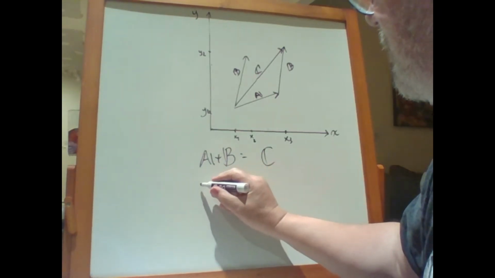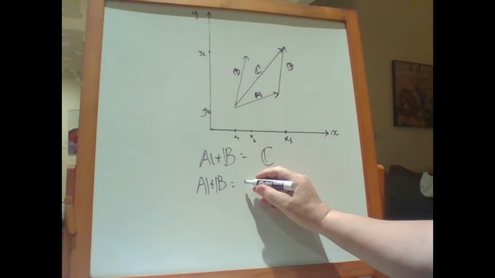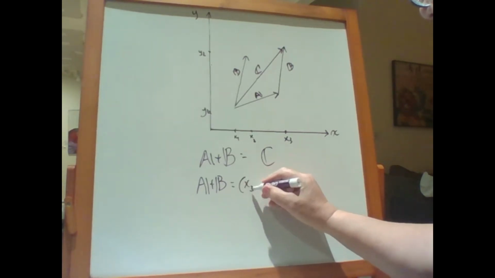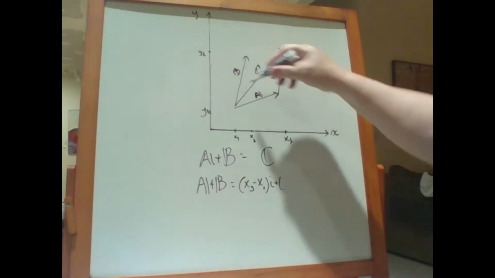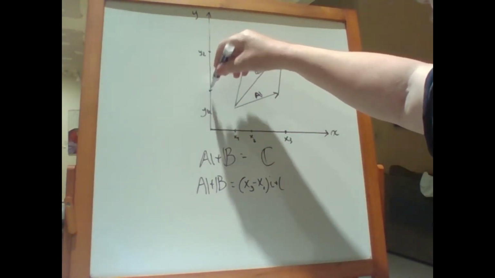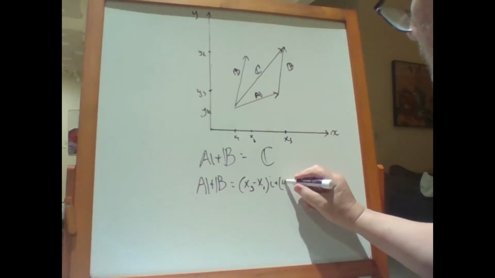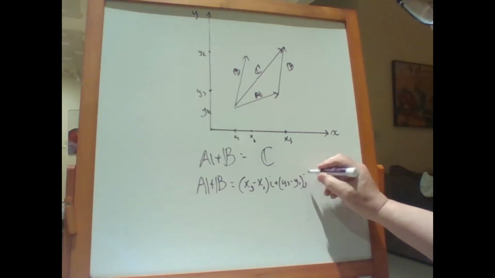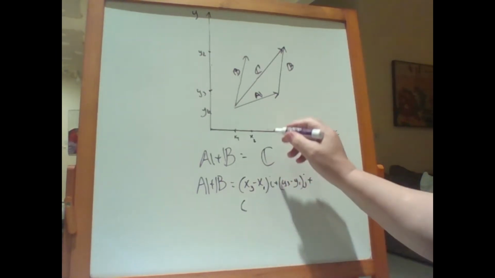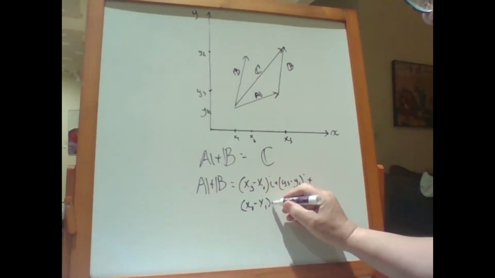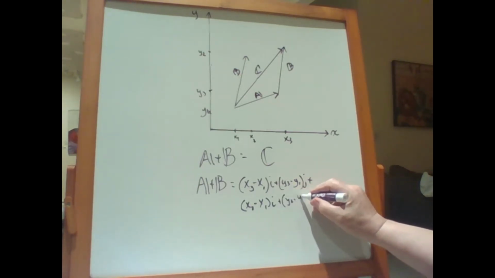So the resultant is A plus B equals, now this is A, it's x3 minus x1 i plus, we didn't get the j, this is y3 minus y1 j plus, and now we represent B. B is x2 minus x1 i plus y2 minus y1 j.